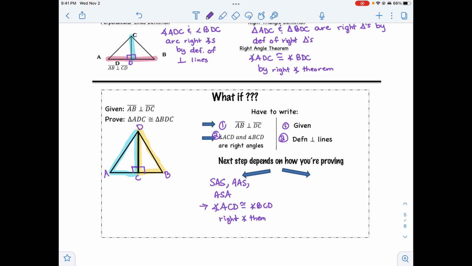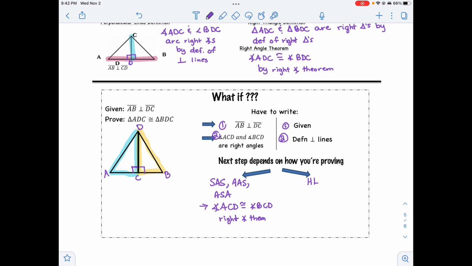That would be the why. Just abbreviate that. So if we're trying to prove one of those things, because we already have one angle, and if we were trying to prove another angle, or if we're trying to just prove those angles, that's the right angle theorem.